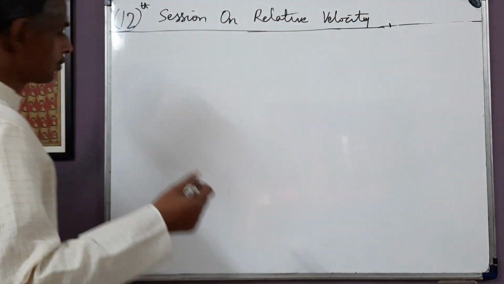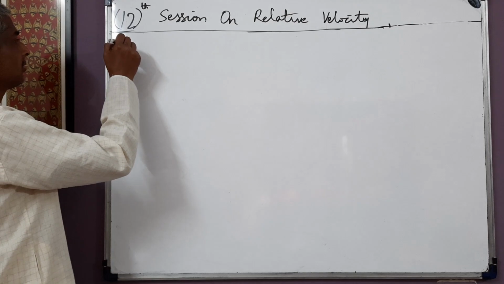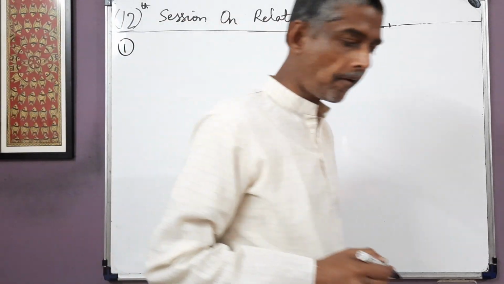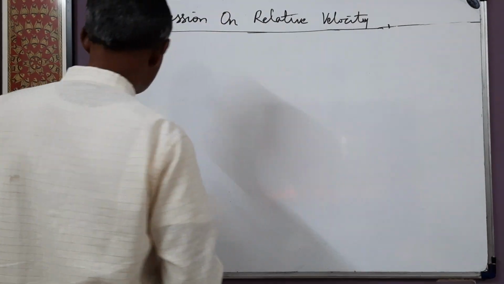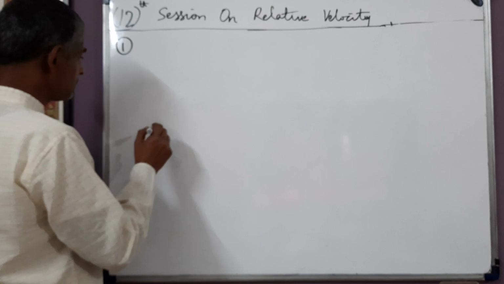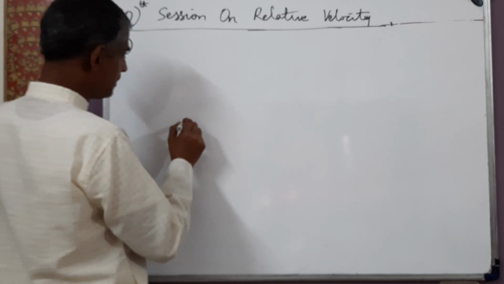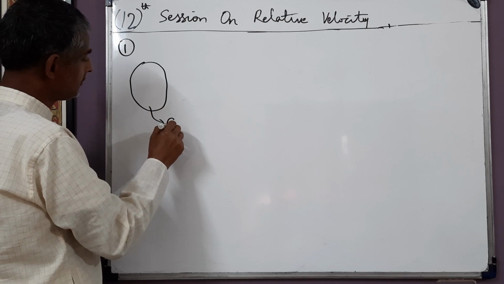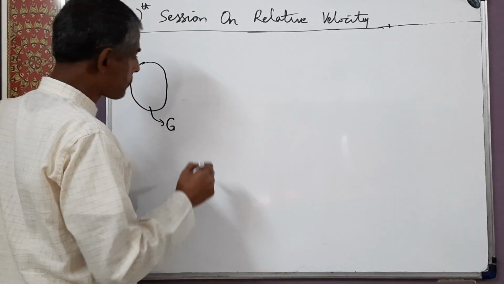Alright. So let's take the first example. Suppose this is the ground frame, okay? G denotes the ground frame.